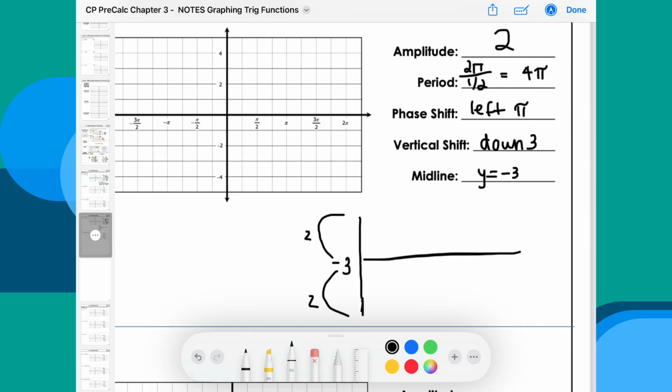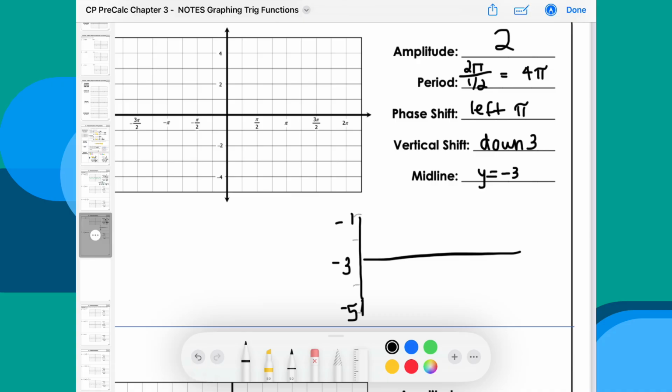So we're at -3. This is -4, -5. And going the other direction, if we're at -3, -2, -1. Now when we do our amplitude, we'll be going up 2 if we hit the top right here, and we'll also be going down 2 when we go here. So that takes care of our vertical shift down, and then also our amplitude.